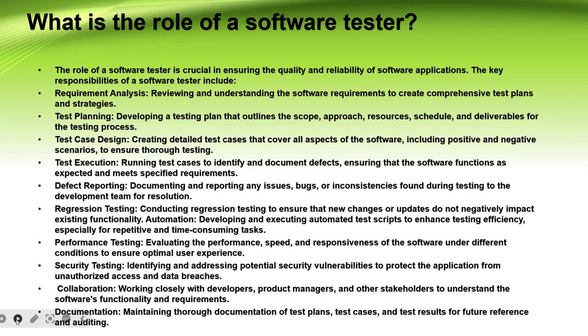We write in a bug report, so that the developer can work on the defects. So, defect reporting, what I was talking about, that is documenting and reporting any issues, bugs or inconsistencies found during testing to the development team for resolution.